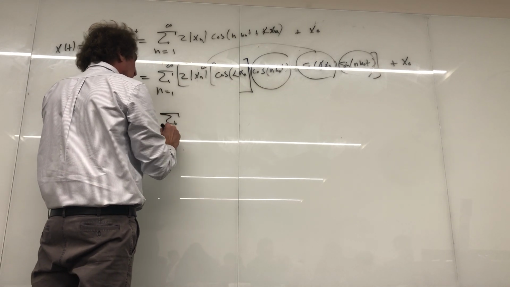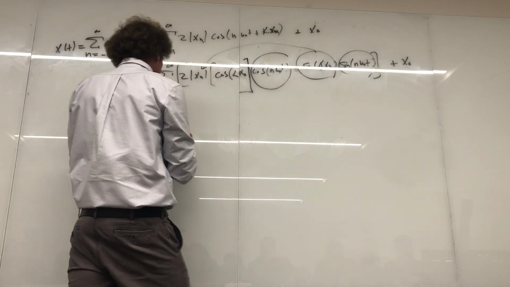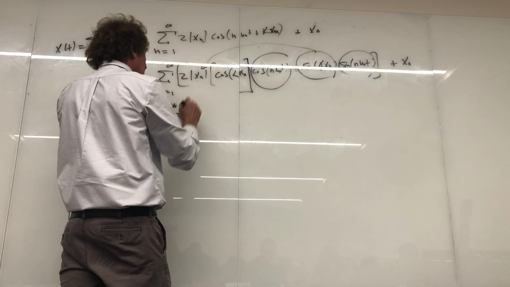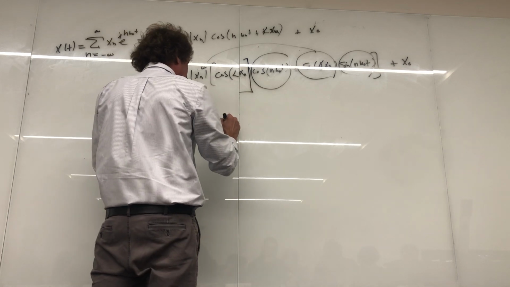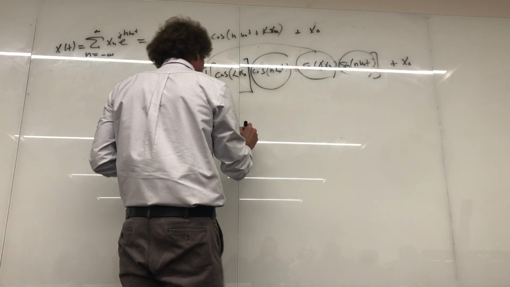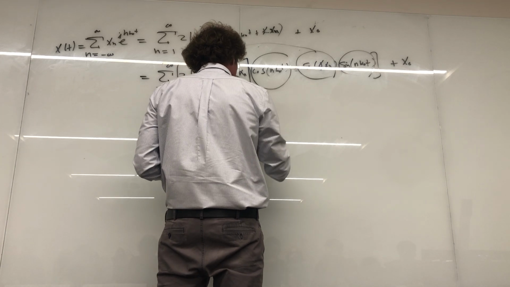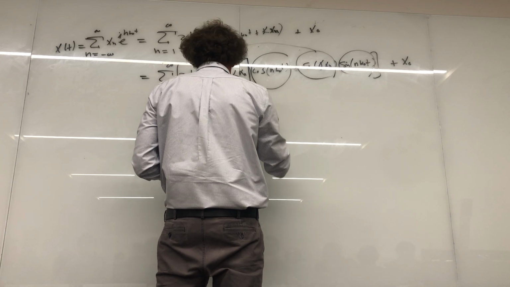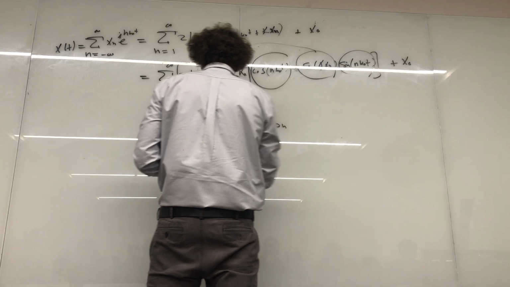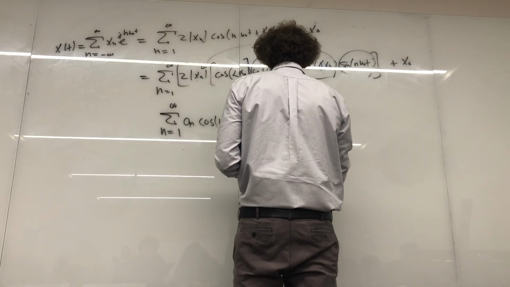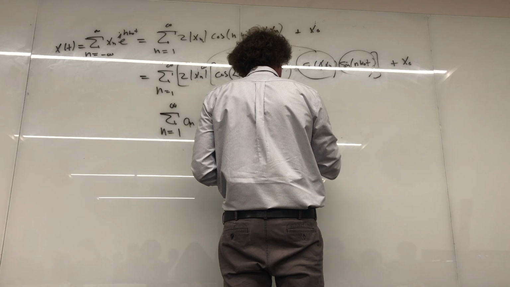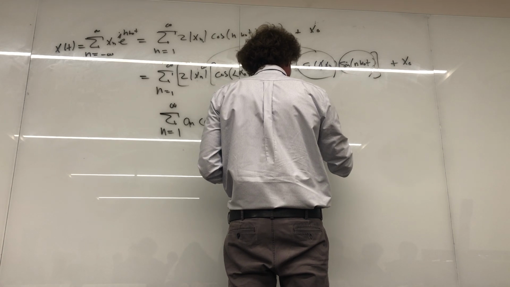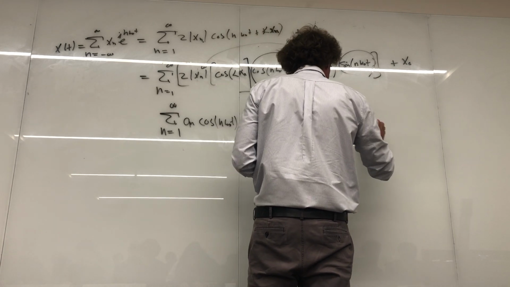It'll render from n equals 1 to infinity, and there'll be a term a of n times cosine of n omega naught t. Then they'll have another series plus the sum from n equals 1 to infinity of b of n times sine of n omega naught t plus x0.